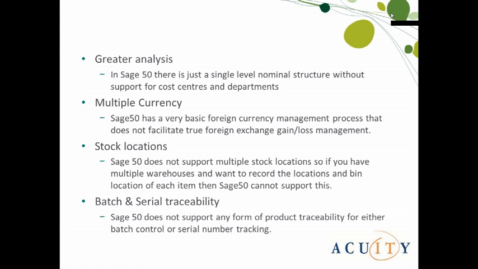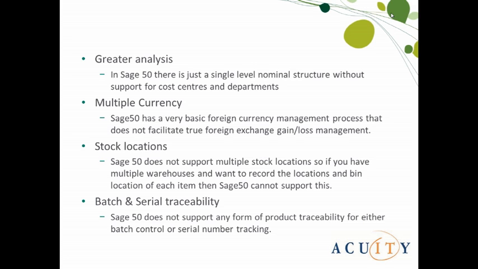Other areas then moving on from that, from the financials, people tend to encounter issues related to its commercials functionality. Sage 50 doesn't, for example, support multiple stock locations, so if you have more than one warehouse or indeed you have bin or aisle locations in those warehouses, Sage 50 doesn't support that sort of level of organization within a warehouse environment. And it certainly doesn't support any form of product traceability.